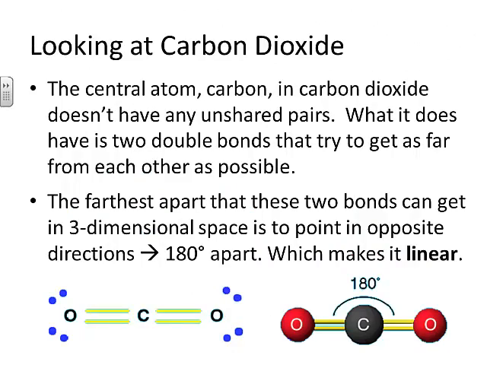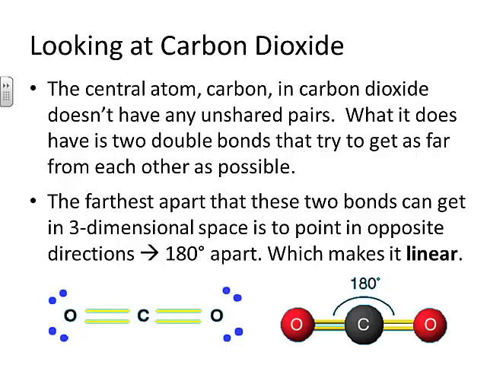We've also drawn structural formulas for carbon dioxide, and if you recall, it has 2 double bonds going to those oxygen atoms. Carbon does not have any unshared pairs in this molecule, so all that it has around that central atom of carbon is 2 double bonds. So we have 2 bonds that are trying to get as far from each other in space as possible. No unshared pairs on carbon to be considered.